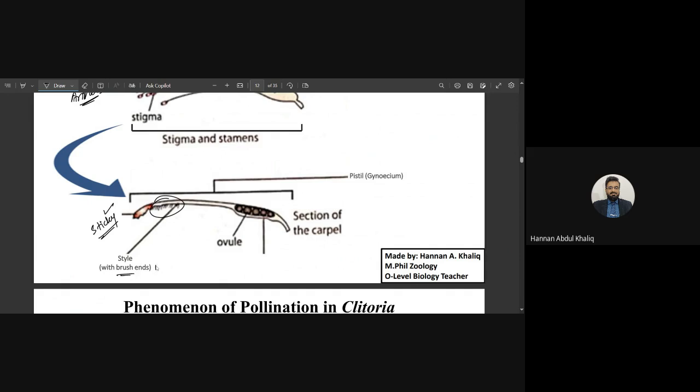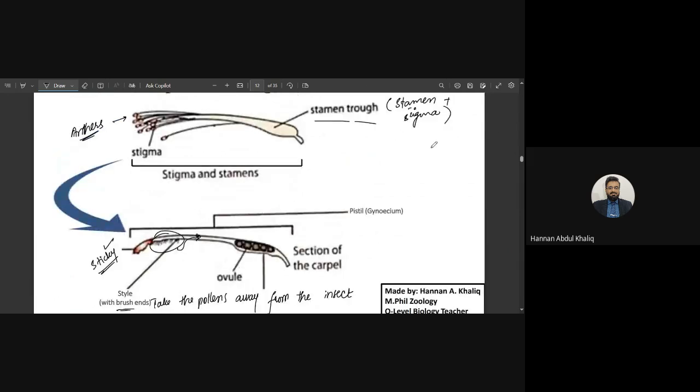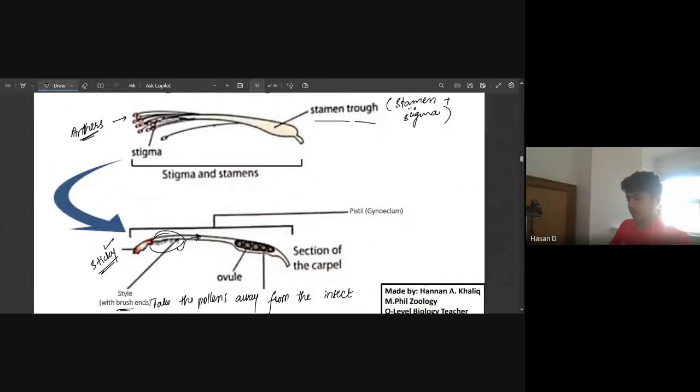This brush would take the pollens away from the insect, and the pollens would make their way through the style and reach the ovules to fertilize the egg. Fine? Is it fine?